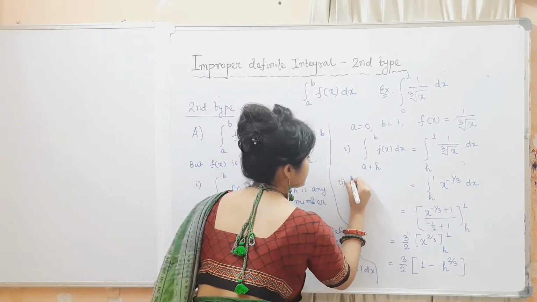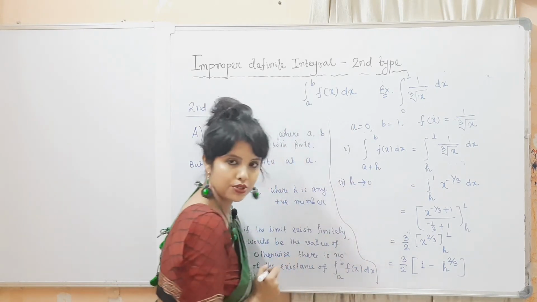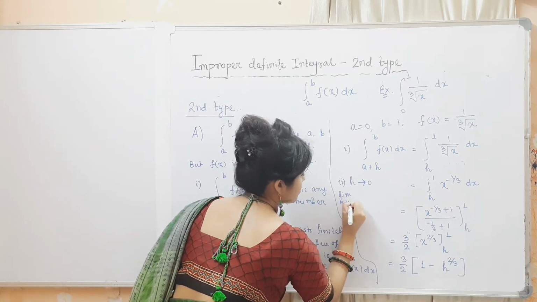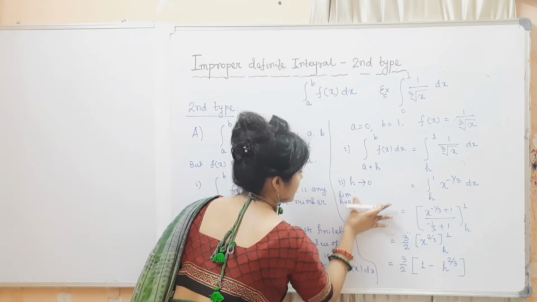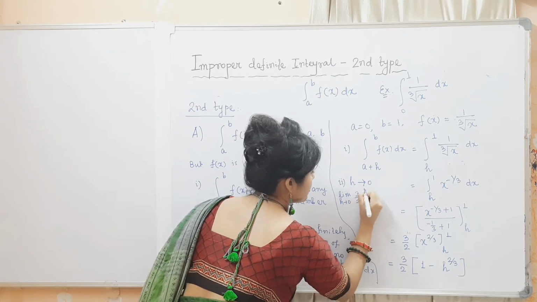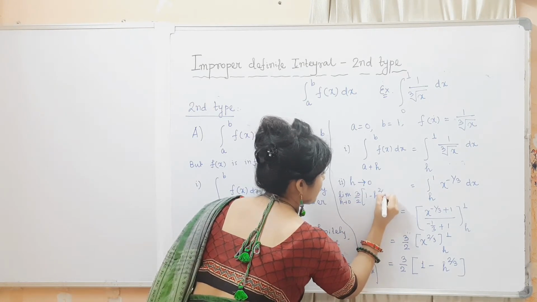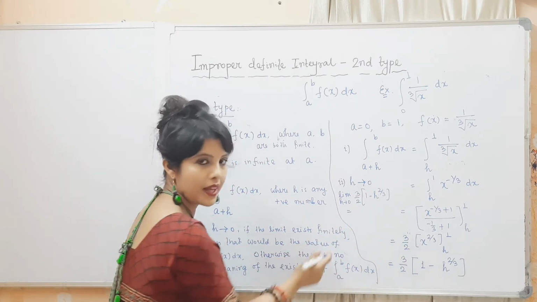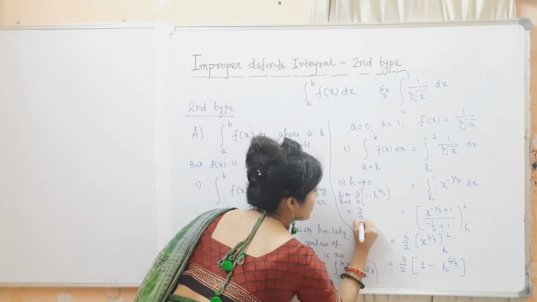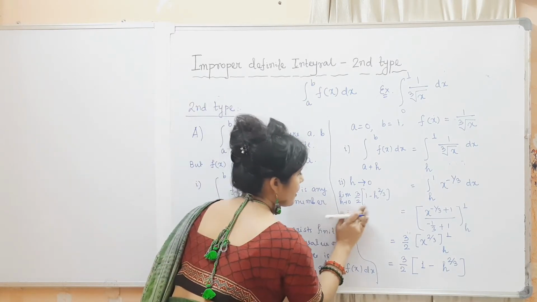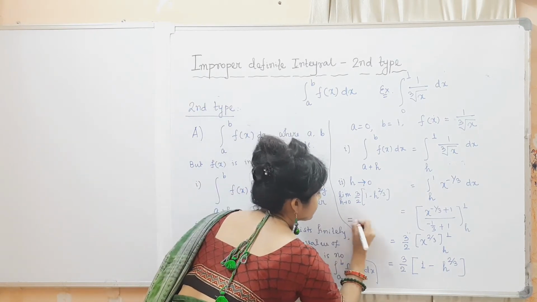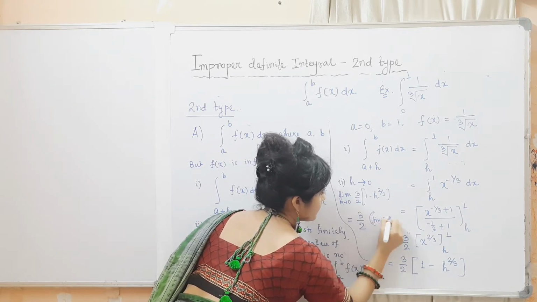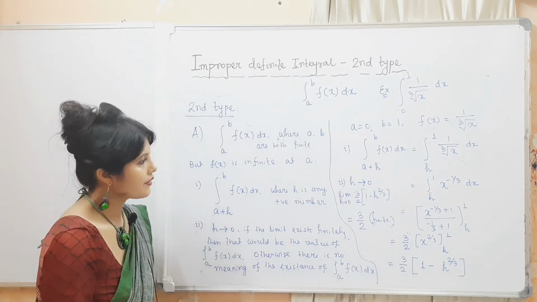So the limit h tends to 0 of 3 by 2 times 1 minus h to the power 2 by 3, and whenever you put 0 in place of h, you are left with only 3 by 2, and it is a finite value.